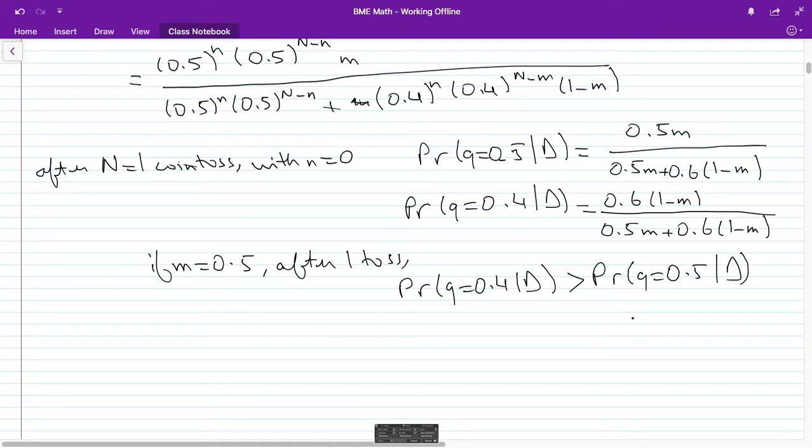So what this is doing is that basically it is adding data to our one trial. It's adding the prior.